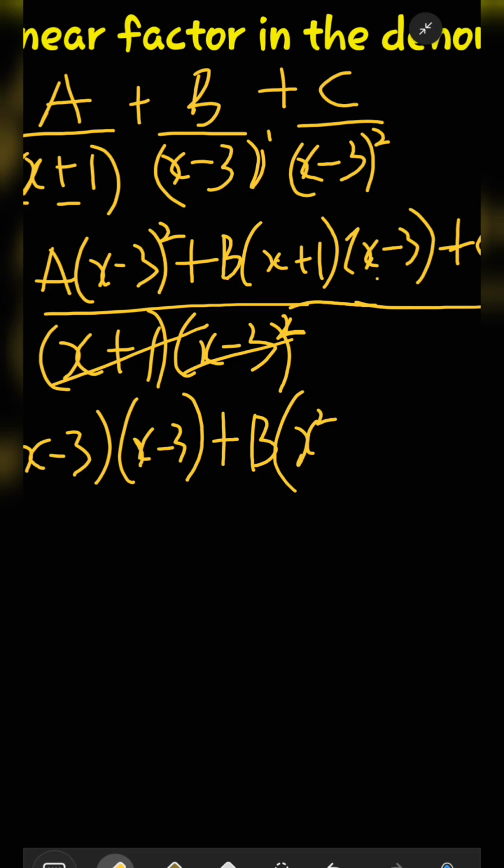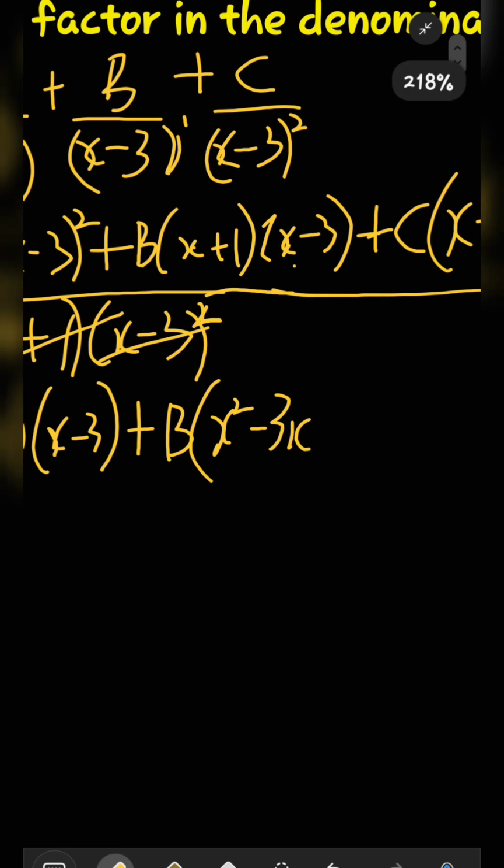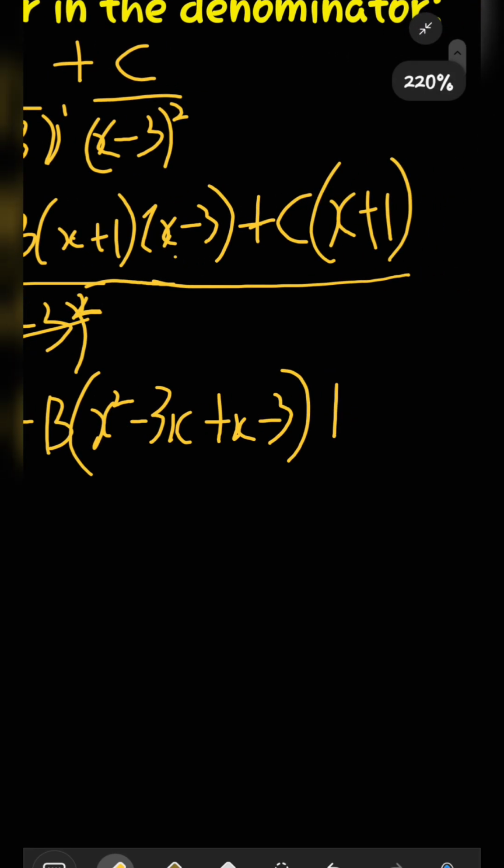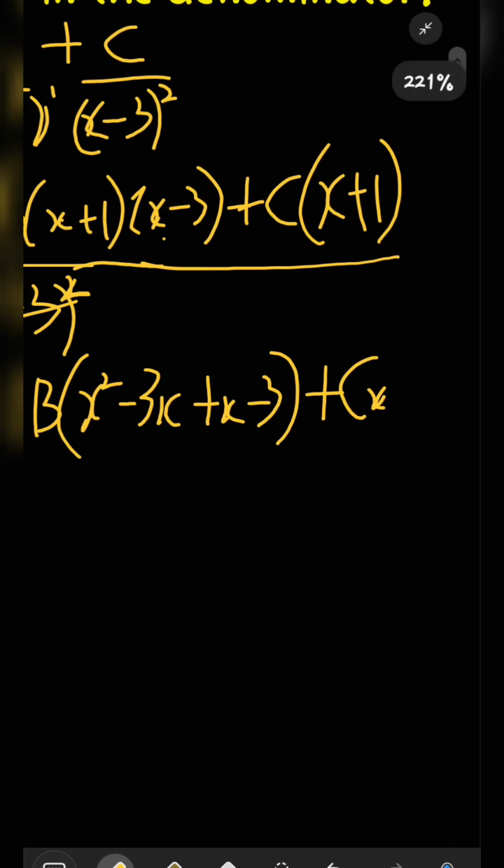X times minus 3, we have minus 3x. 1 times x, we have plus x. 1 times minus 3, we have minus 3. For c, we have plus c times x, we have cx, and c times 1, we have plus c.